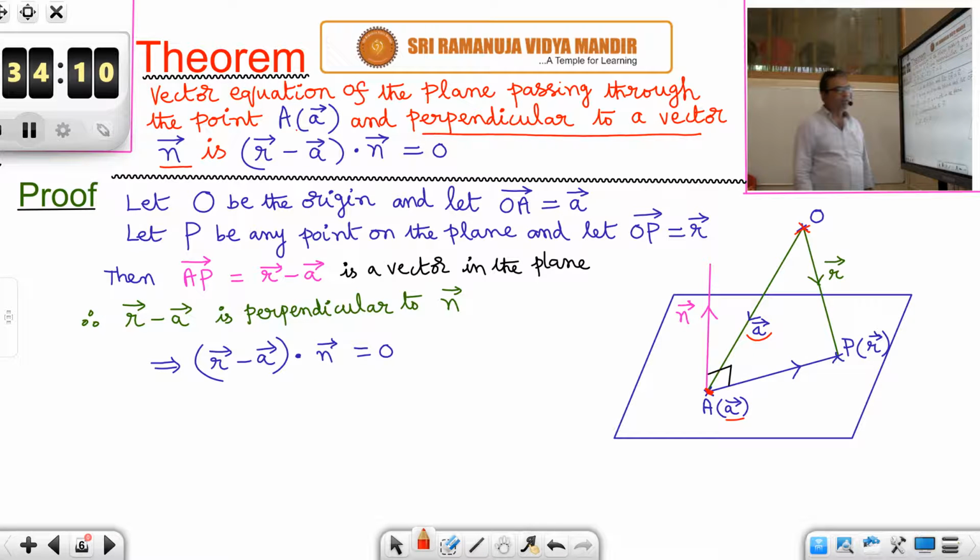That means the plane is perpendicular to n bar. Here I have drawn, from A as initial point, a vector n bar, you can see in pink color.